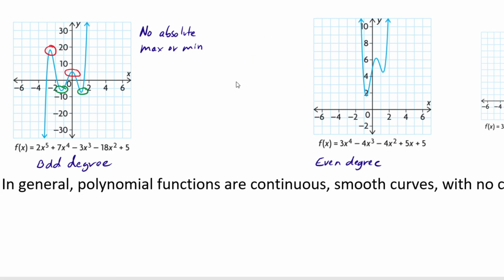So in this case right here, the absolute minimum, and I know it's an absolute minimum because it is opening up, is located right here. That's your absolute minimum. Then this right here becomes a local maximum, and this trough over here becomes a local minimum right there.